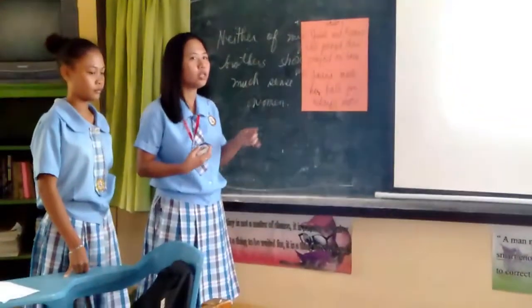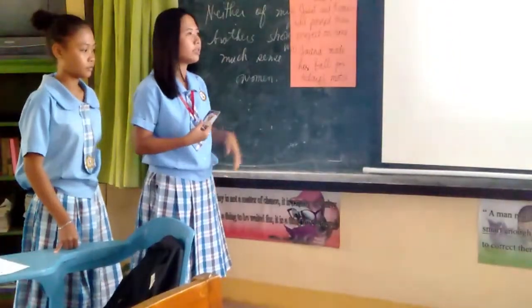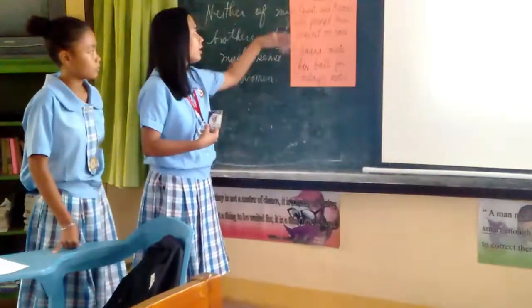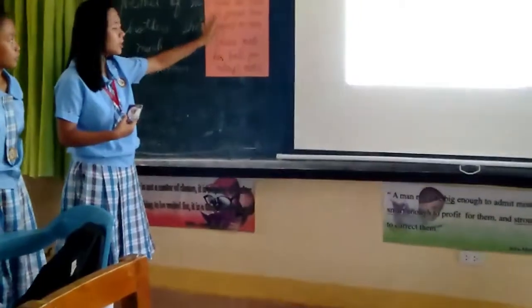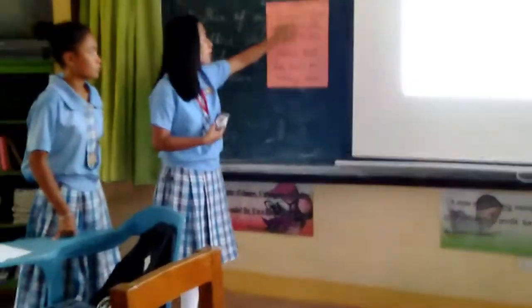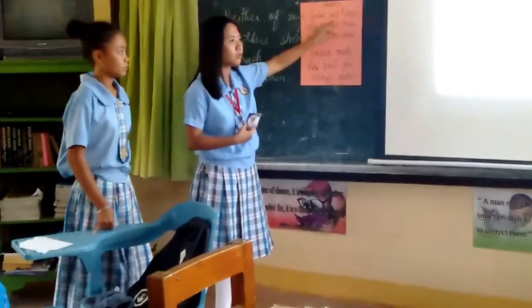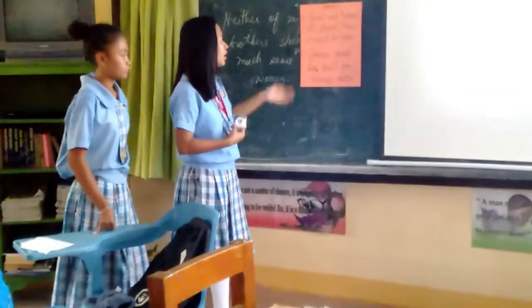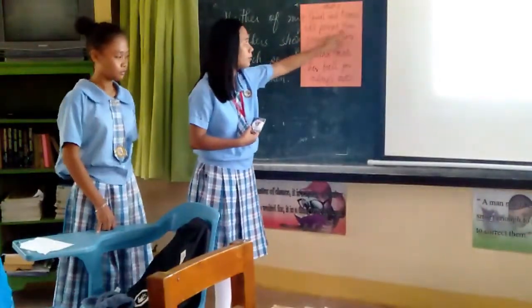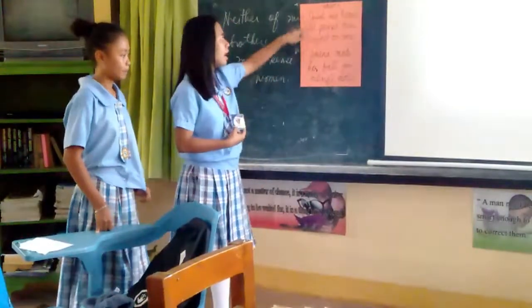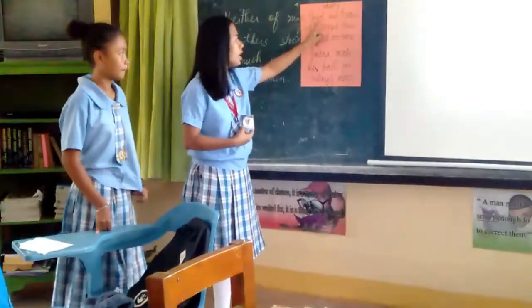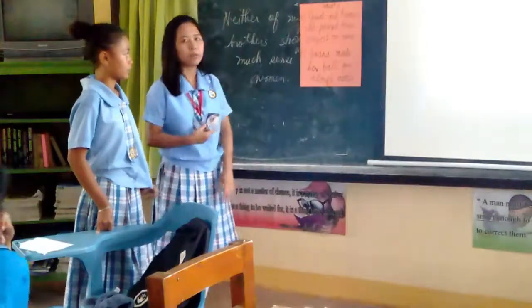On the first sentence, it follows rule number 2 that we had discussed a while ago, that the subjects or antecedents joined by the conjunction and will become plural. That's why we had the pronoun there to agree with its antecedent, Juliet and Romeo, which is also plural.